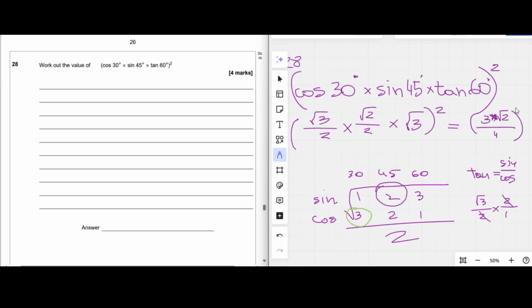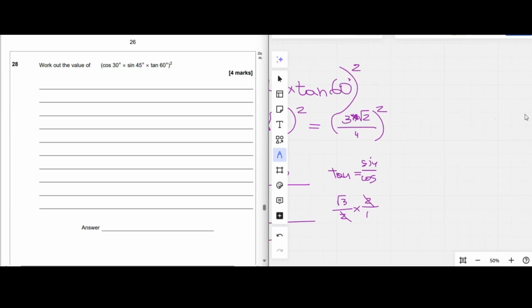And all that squared. So 3 squared is 9. Square root of 2 squared is 2. And 4 squared is 16. We can simplify this and that. 9 over 8.